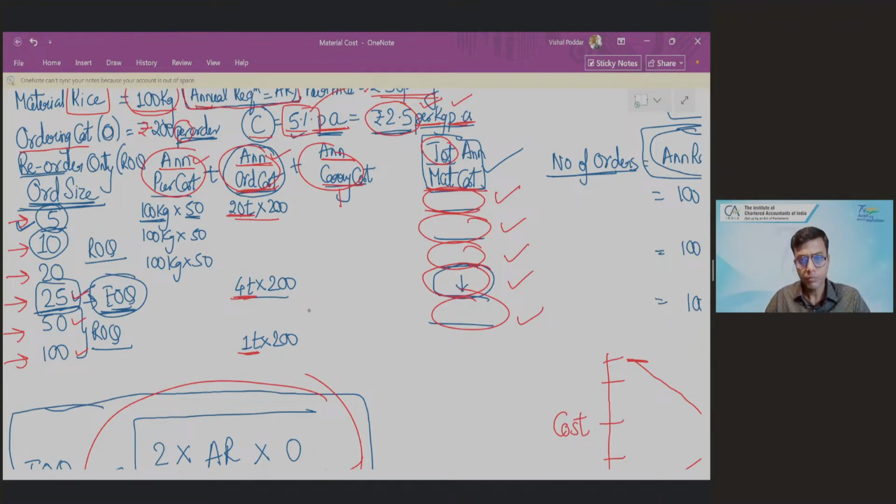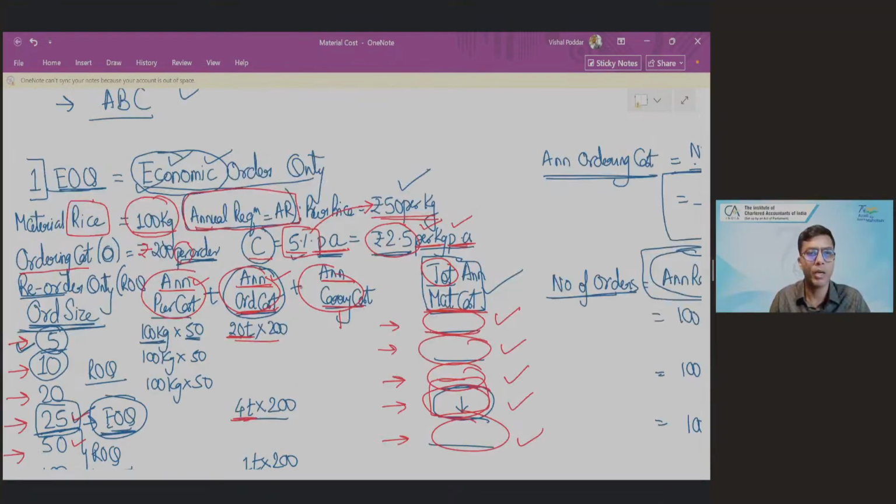The total of these three costs becomes your total landed cost, total material cost. I will try to find out, of all these options of order sizes, reorder quantities, which one gives me the minimum total cost. And that would be my best option, my most economical option.